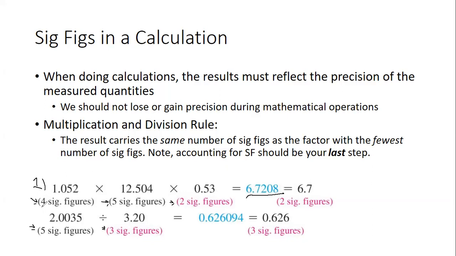In example 1, we have a number with 4 sig figs, a number with 5 sig figs, and a number with 2 sig figs. Remember, this 0 is a placeholder. It's before any non-zero digit, so it's not significant. Therefore, our answer needs to have 2 sig figs.